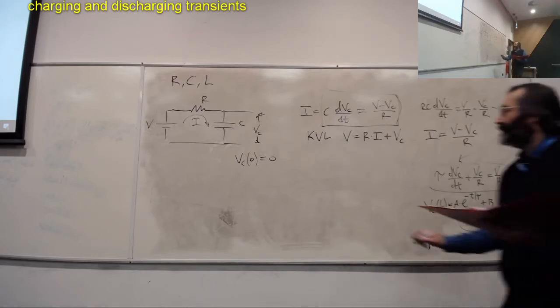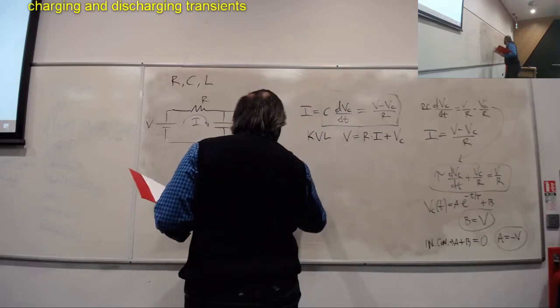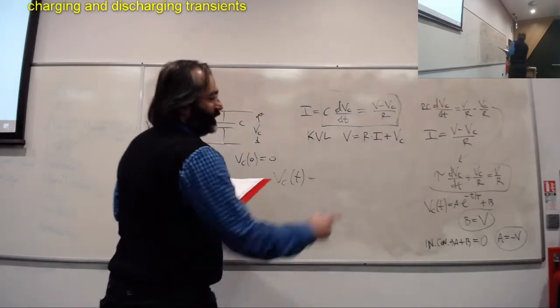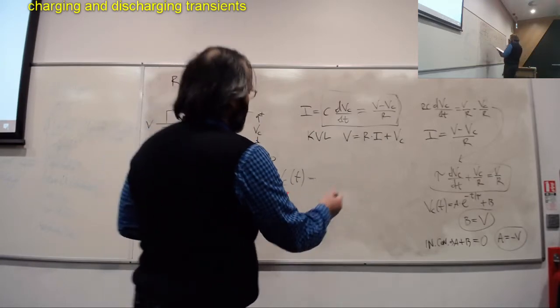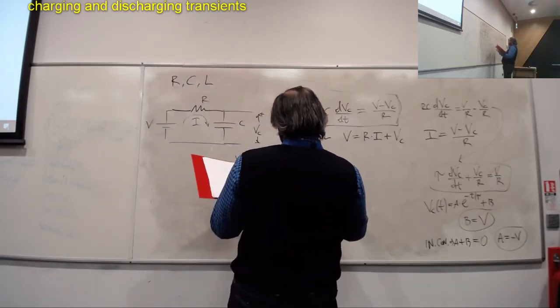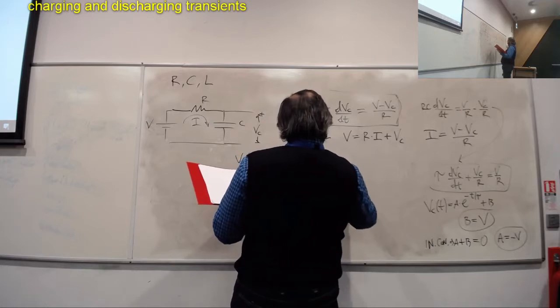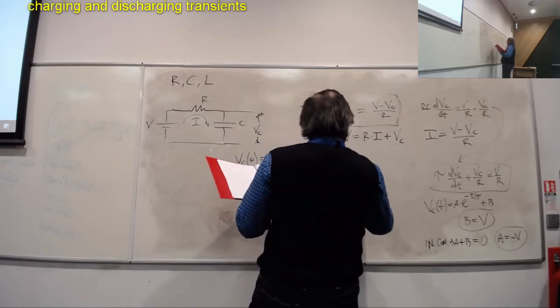And so finally we have what we wanted. VC, A is minus V, B is V, and so we have, I can write it in this nice form here, V times 1 minus e to the minus t over tau.